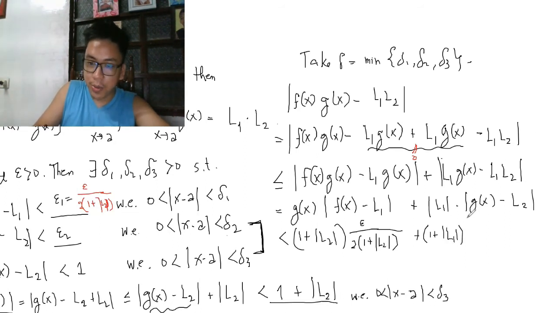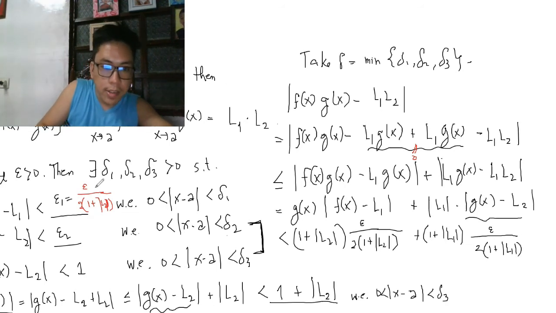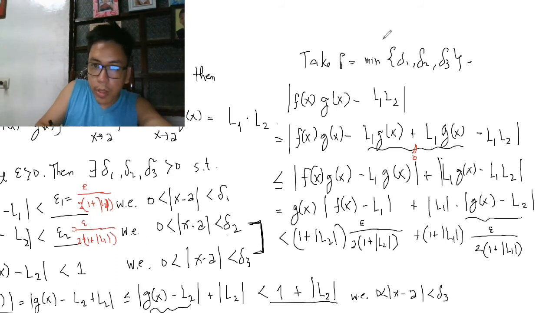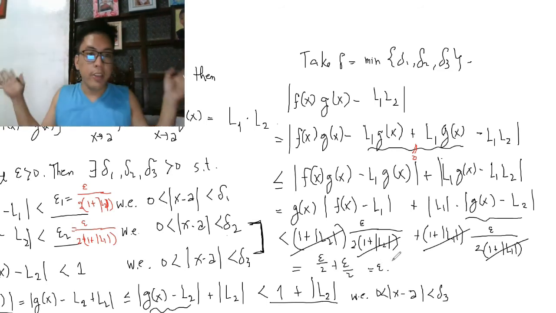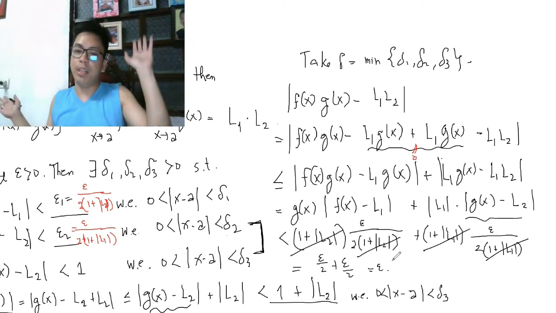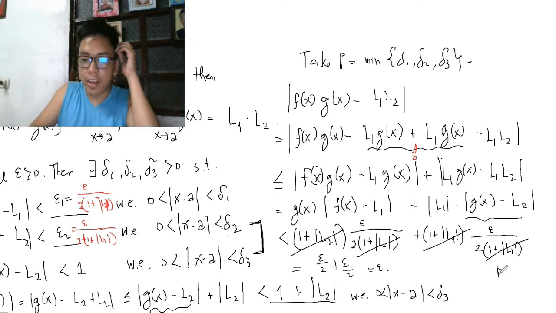So I can have epsilon over 2 times 1 plus the absolute value of L1. So therefore, this will be cancelled, this will be cancelled, this will be cancelled, this will be cancelled. And so I have epsilon over 2 plus epsilon over 2, and that's equal to epsilon. Therefore, technically, the theorem is now proven. You end up having an epsilon. That's it.